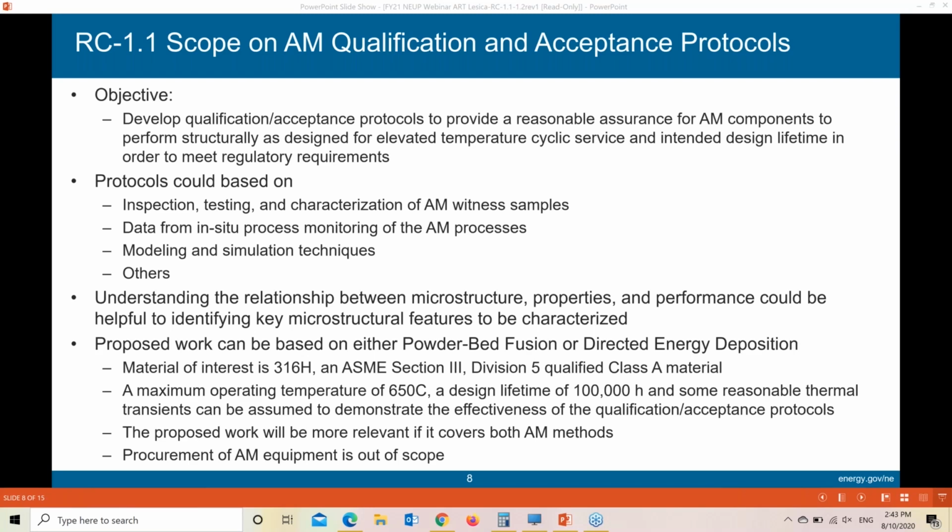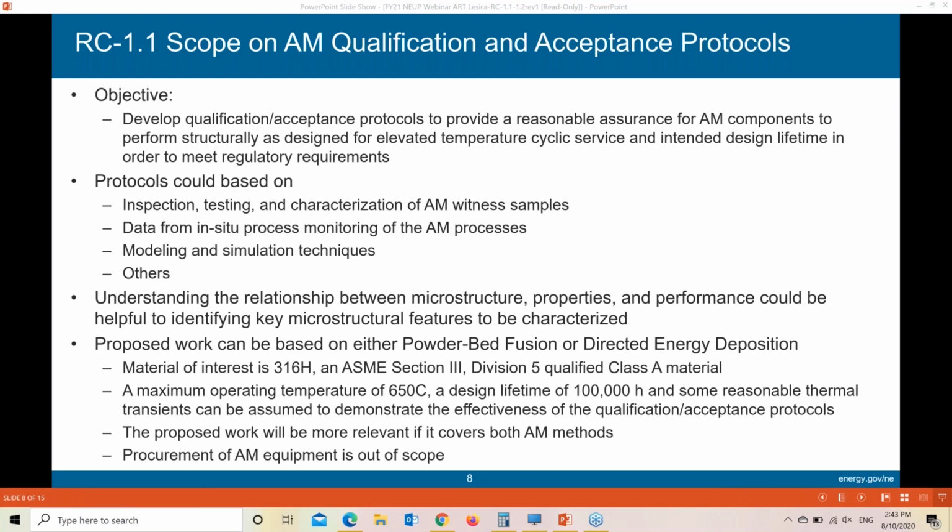So whatever computational methodologies are needed, together with some sort of chemistry testing, characterizations of the witness samples, and mechanical property testing of the witness samples, and how to use all these very large data sets that are collected during the AM processes.